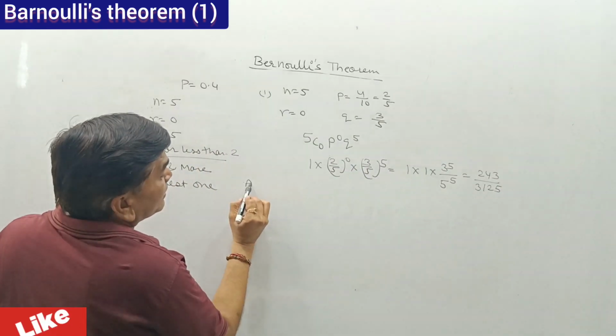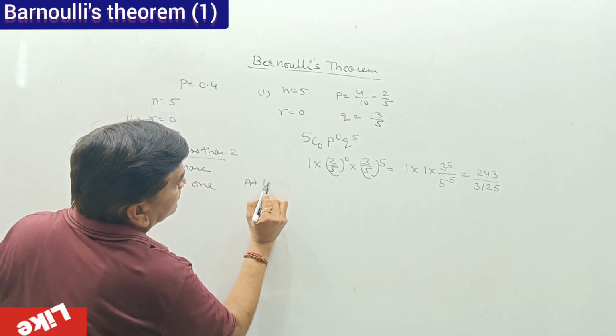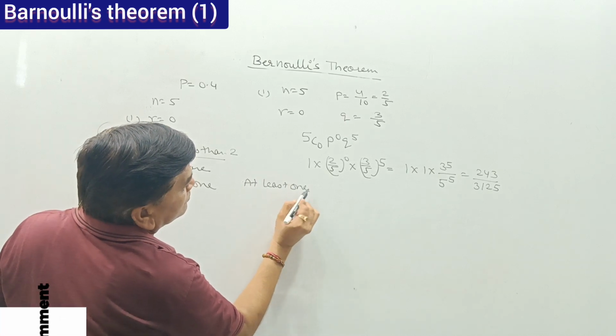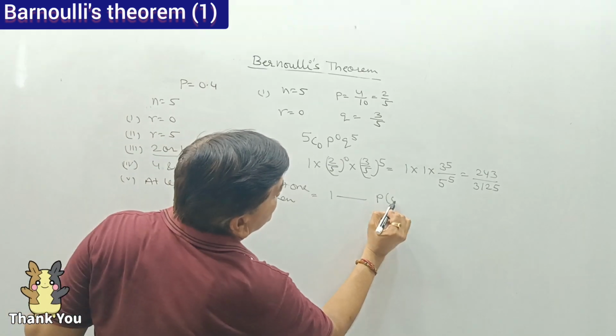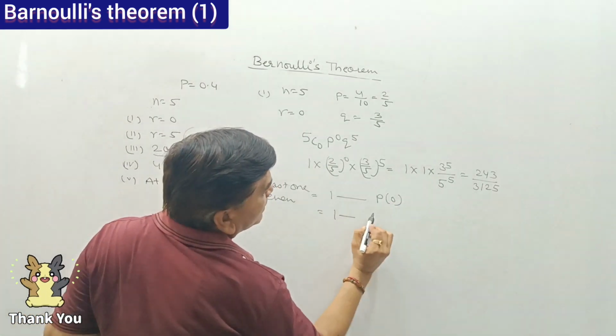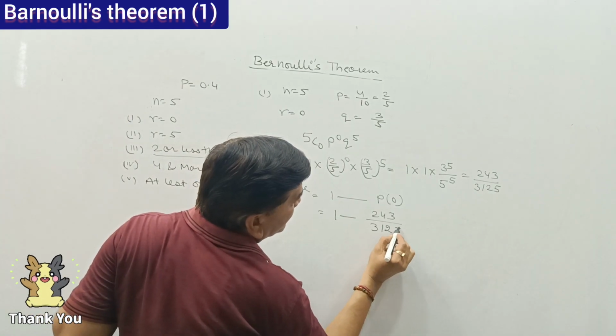At least one event, that is 1 minus probability of 0. So 1 minus 243 divided by 3125.